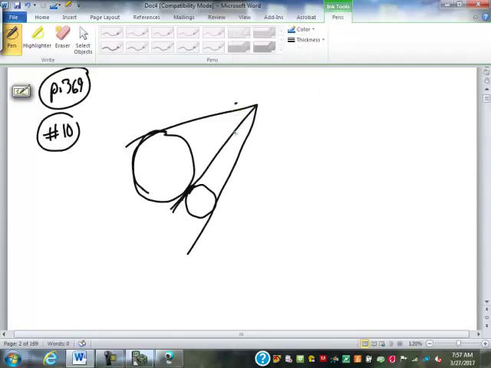I am asked to find this angle here, given this diameter is 0.9846, and this diameter here is 2.3850. And this angle up here is given at 48°40'.